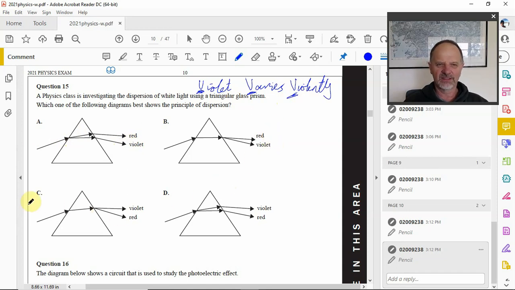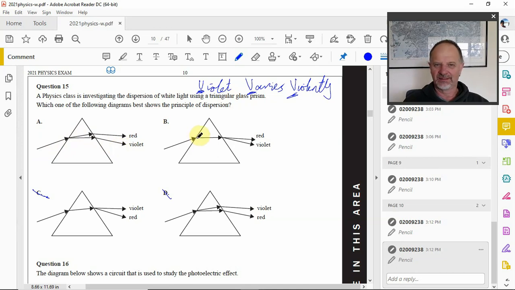So we're down to those, and then C and D, it's the red that's bending more, but violet varies violently. Now the other thing, we've got to pick between these two. The bending of the light occurs at the triangular glass prism both when the light enters the prism and when it exits the prism.